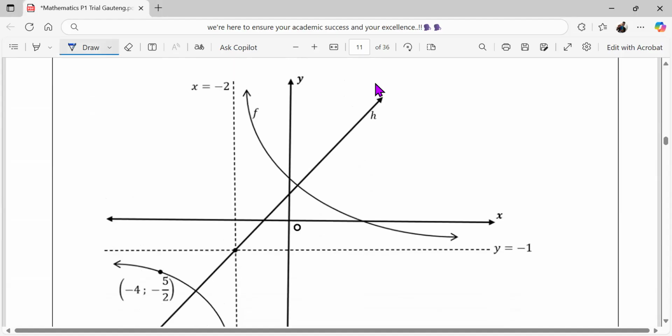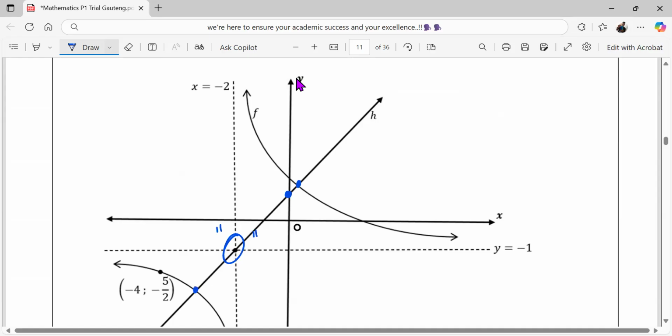Well, looking at the straight line, we can see that the straight line is going to intersect the hyperbola here. It's going to have a y-intercept there. And the straight line is going to pass through this point, which we'll give a name a little bit later.